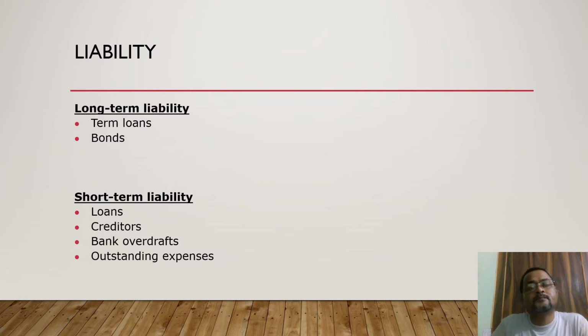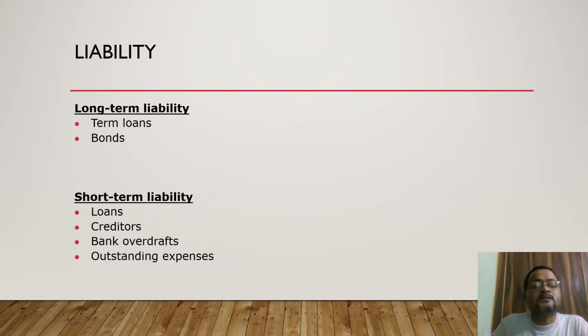Liability, the third major category. Like assets, these are either short-term liabilities or long-term liabilities. Like current assets, short-term liabilities are those liabilities which have to be repaid within a period of 12 months or 1 year.